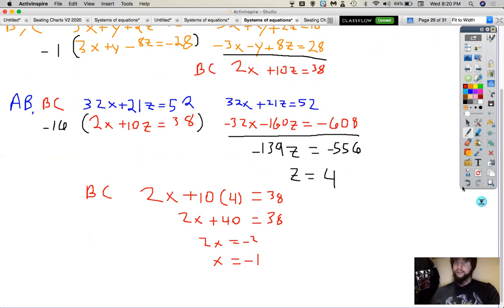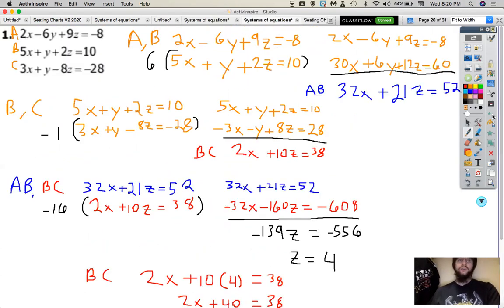Still need y. So you can go back to one of your originals, either A, B, or C. Don't go to one of the ones mixed up over here because you might mess up. Just go back to one of the original ones.